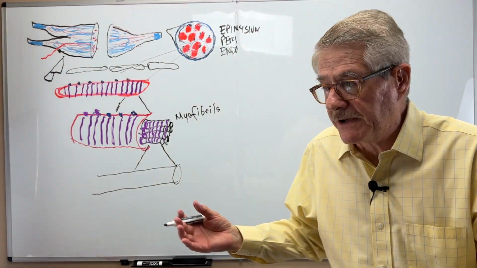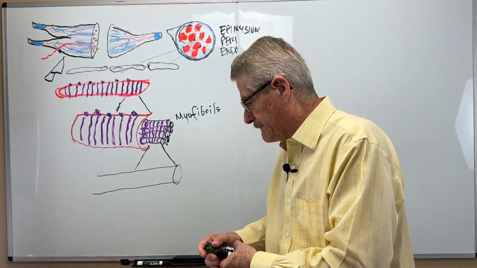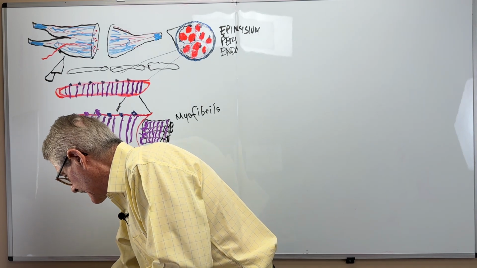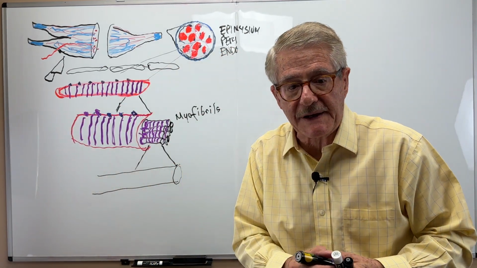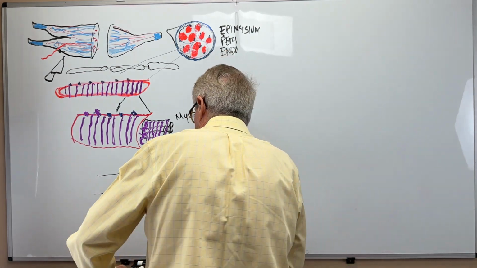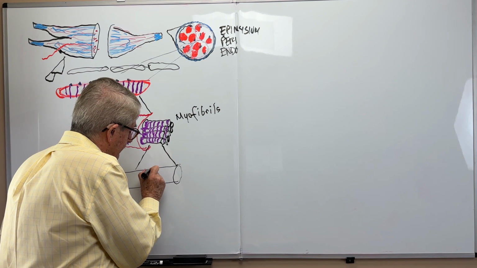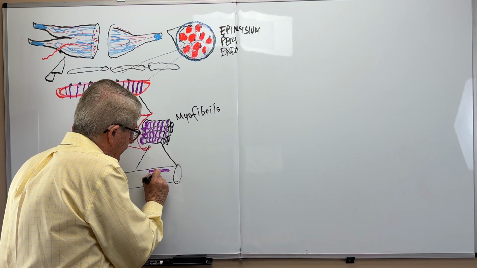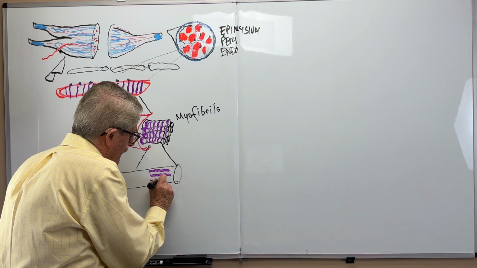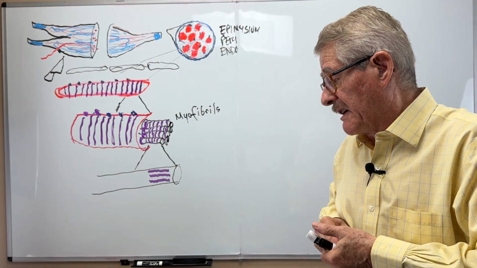Now, as you probably know, these myofibrils are composed of filaments of actin and myosin, which give these characteristics. The thick filaments are the thick filaments of myosin, and they are drawn in a different color.